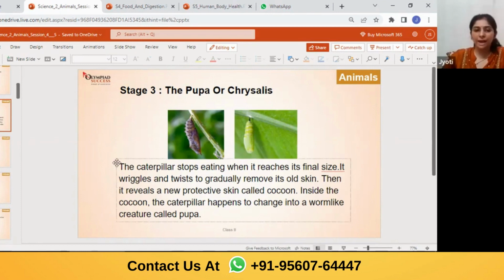Priya, so what is happening in this? When the caterpillar reaches its final size, it stops eating and then it twists and wriggles, meaning they move here and there. They shed their skin and then develop a new skin that is known as cocoon, and inside the cocoon it develops into a pupa. Clear?